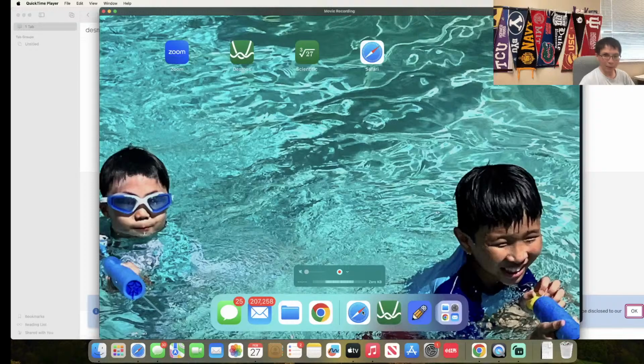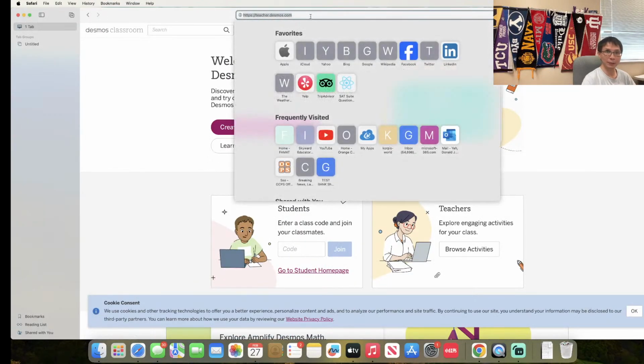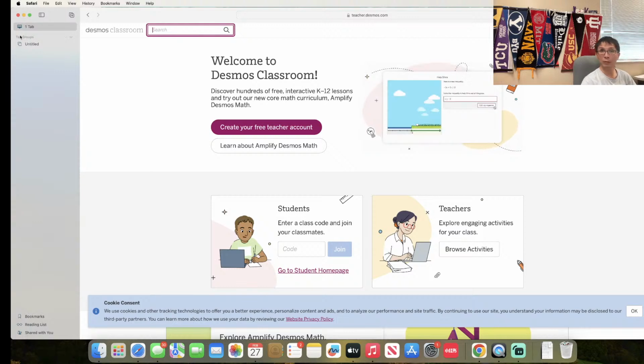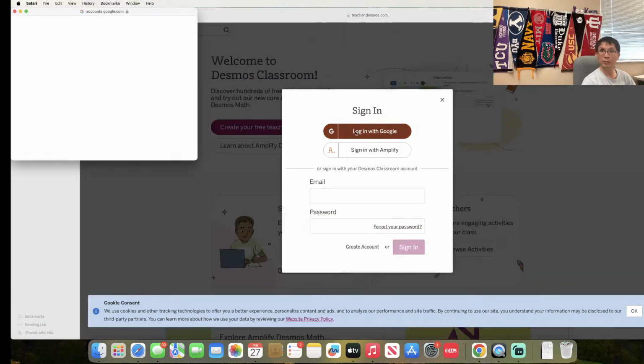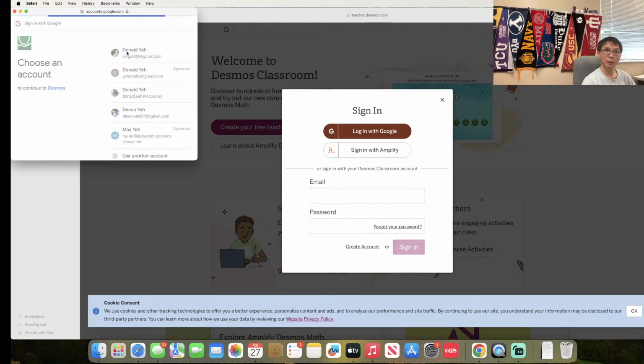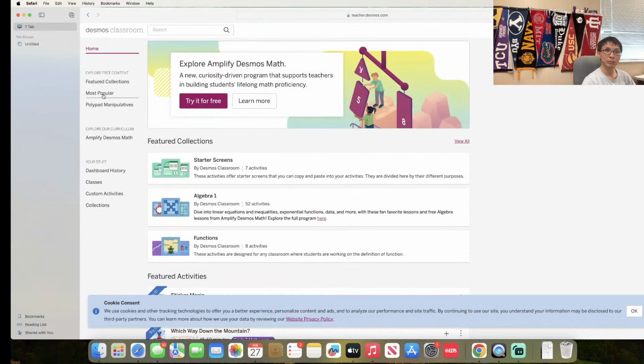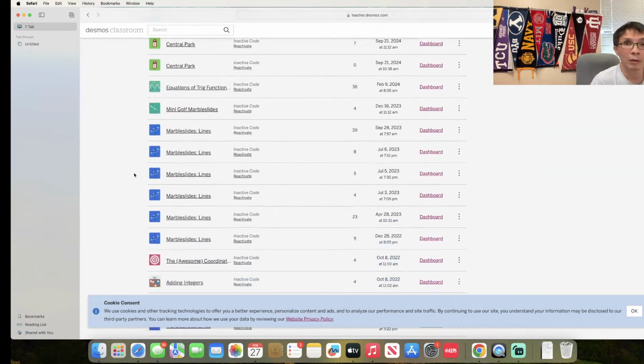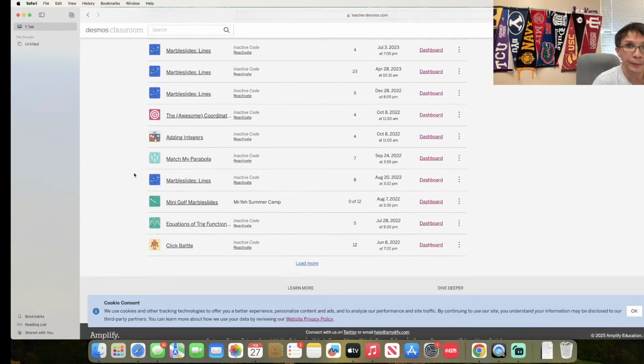So I feel like that part needs more learning. I came up with a decimal activity a long time ago. I don't know if it's still there. Let's look at it.